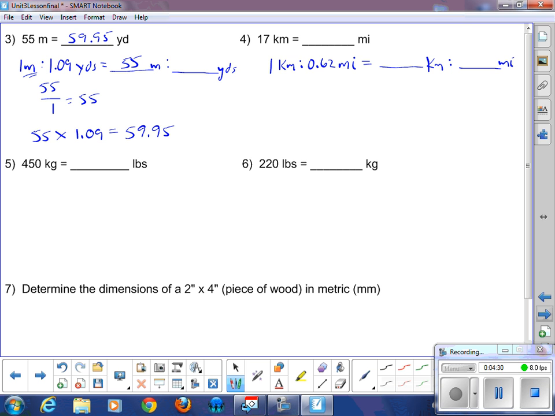What's given? We know we're dealing with 17 kilometers. So 17 divided by its matching counterpart, which would be the 1. So it's 17, multiplied by the remaining number, 17 times 0.62. We end up with 10.54. And that's our answer, 10.54 miles.